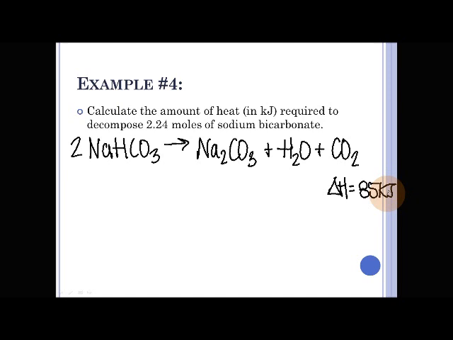Okay, so now, like Connor mentioned, the coefficients are important. We are starting with 2.24 moles of sodium bicarbonate. So I'm going to go ahead and put that over 1. We have a little bit of dimensional analysis today.